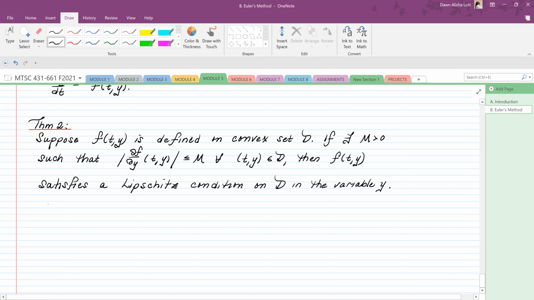And this M is going to be our Lipschitz constant.